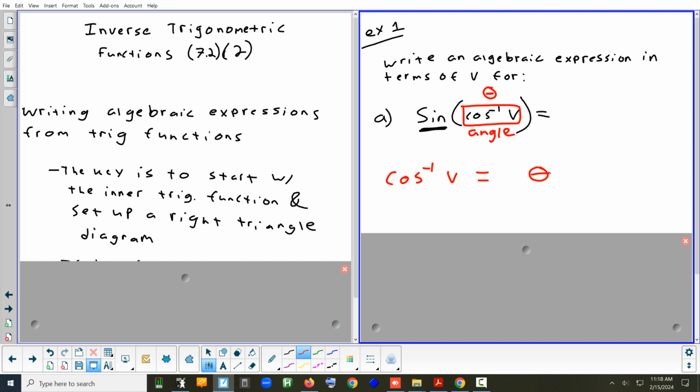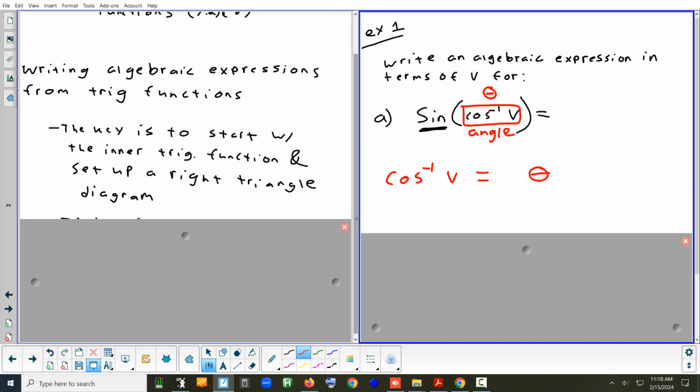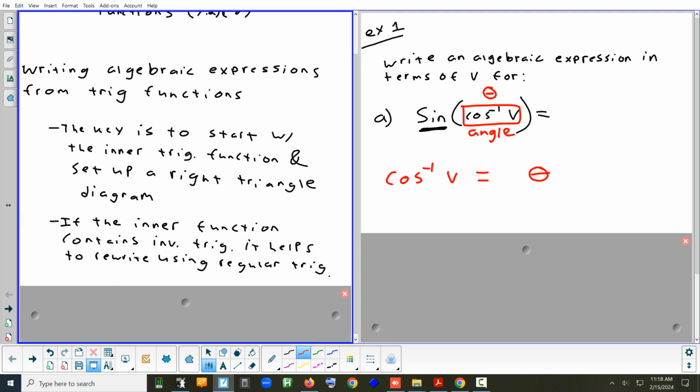All right. Now, I want to draw a diagram for that. But the way that you draw a right triangle diagram is not with inverse trig. You draw it with regular trig. So I want to take what we just wrote down, and I want to convert it to something with regular trig. That means I want to cancel out the inverse cosine. What function cancels inverse cosine?